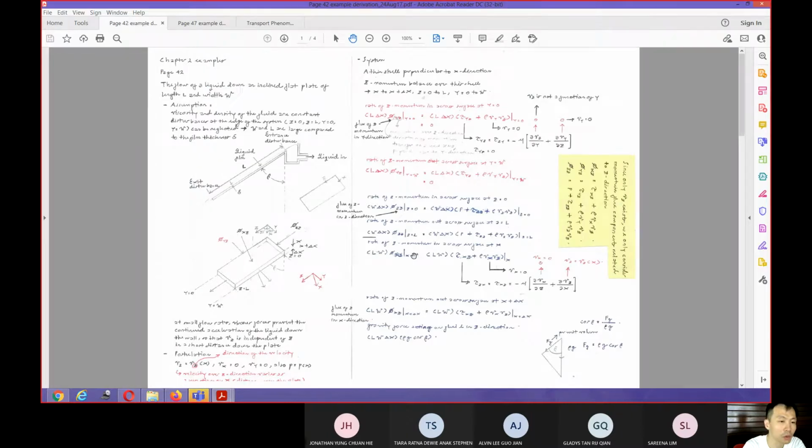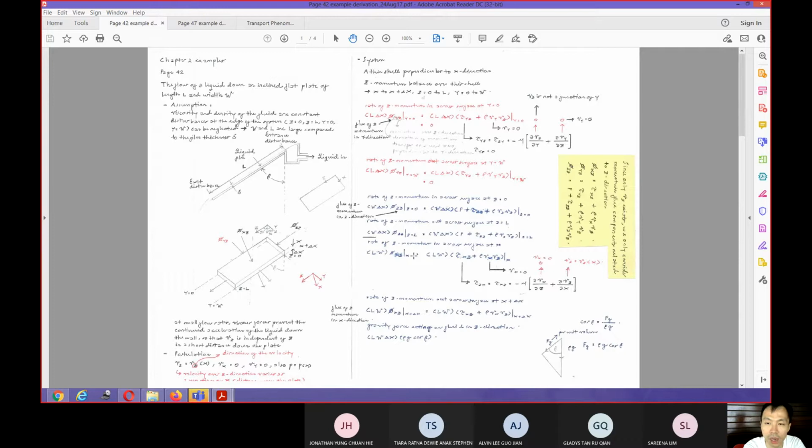Okay, in week 1, we discussed modeling at different levels, and then we told you about transport phenomena. So it covers momentum transport, heat transport, and mass transport, right? And then last week we started on some of the concepts behind momentum transport.